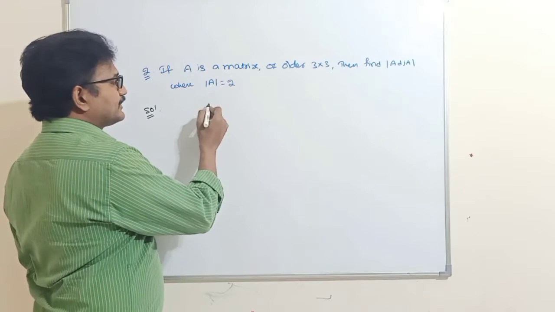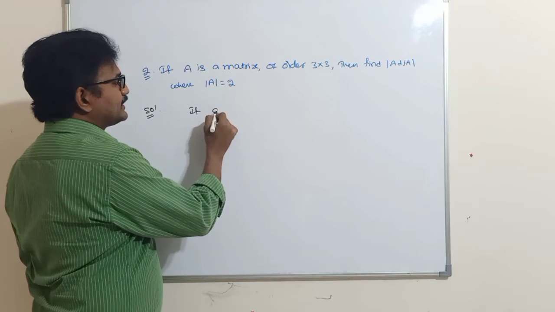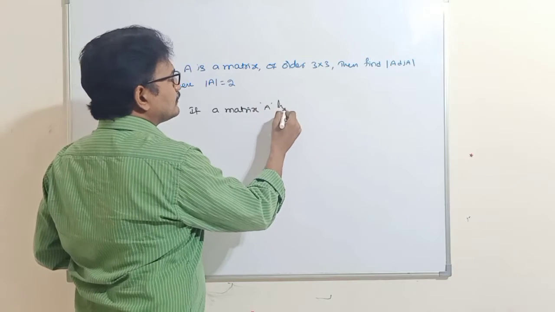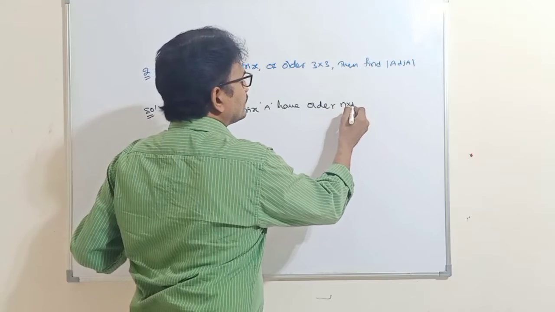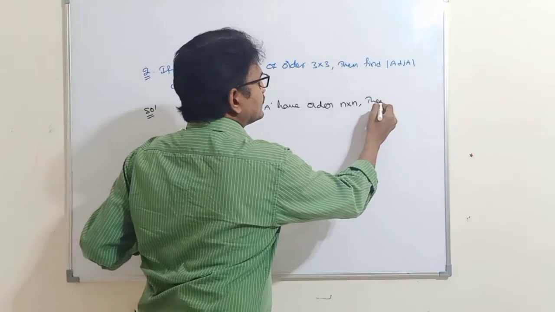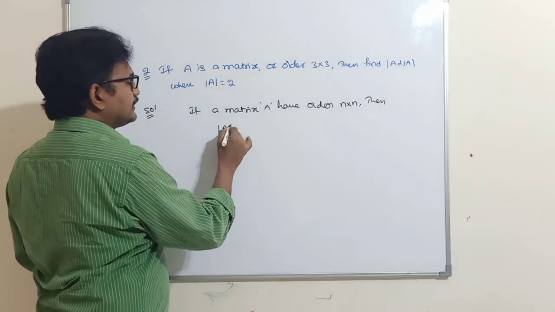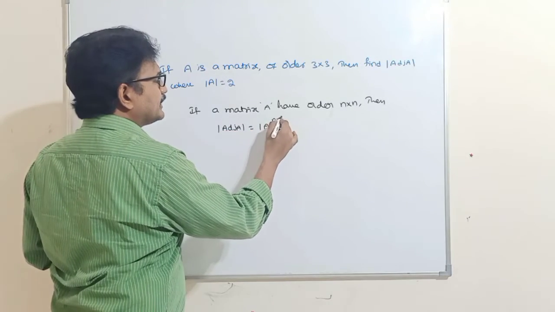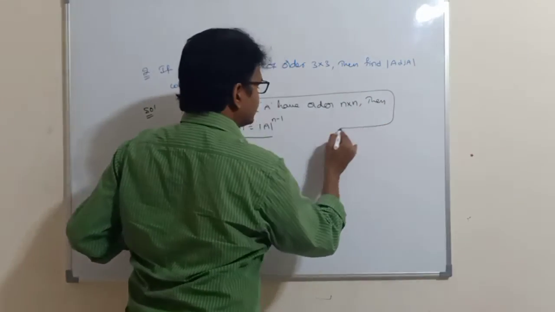There is a formula for det of adjoint A. If a matrix A has order n by n, then det of adjoint A is equal to det A whole power n minus 1. So this is the formula for det of adjoint A.